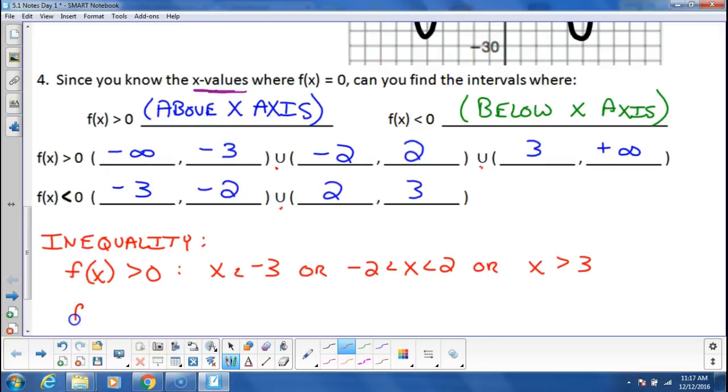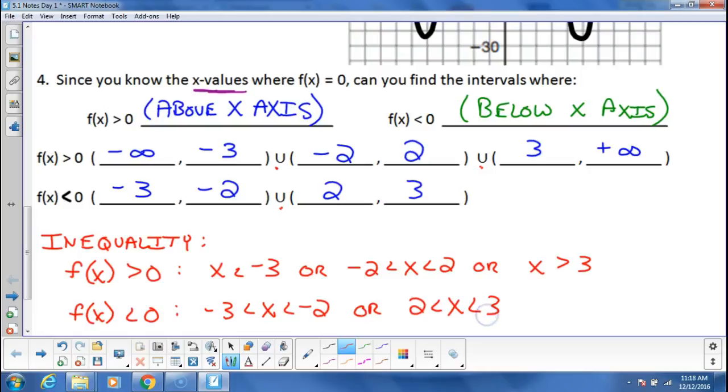F of x would be less than 0 in the cases of negative 3 is less than x is less than negative 2, or 2 is less than x is less than 3.